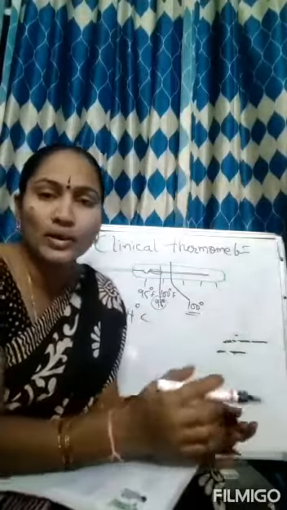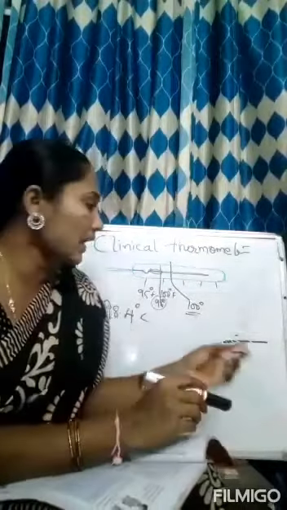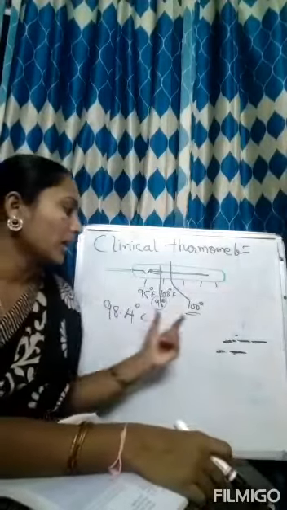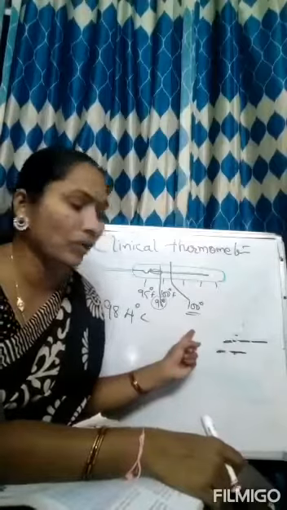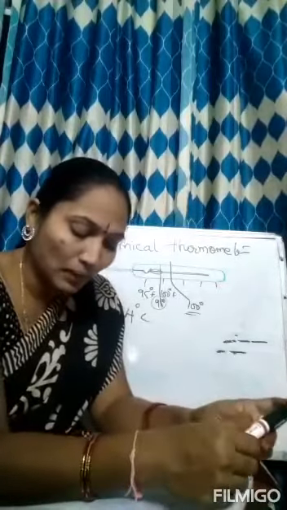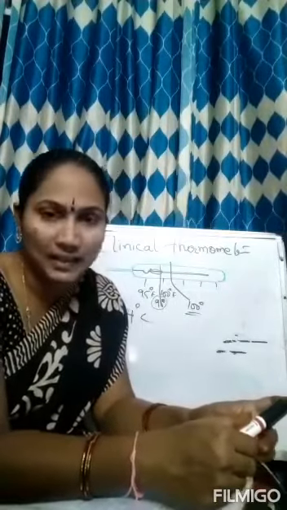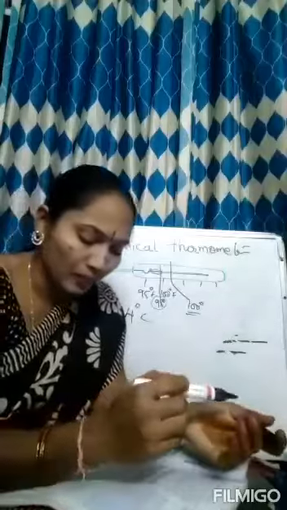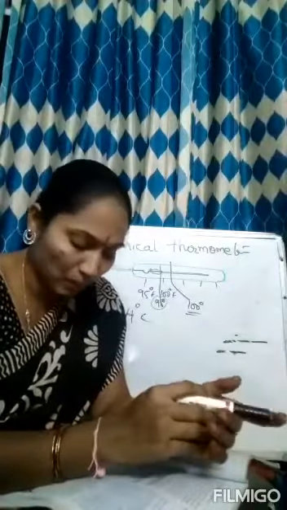So now who is having fever? Srinath is having fever because normal temperature is 98.4 and his is above the 98.4. So you can say that Srinath is having fever. The normal temperature of human body is 37 degrees Celsius, that is 98.4 degree Fahrenheit, which is measured by clinical thermometer.